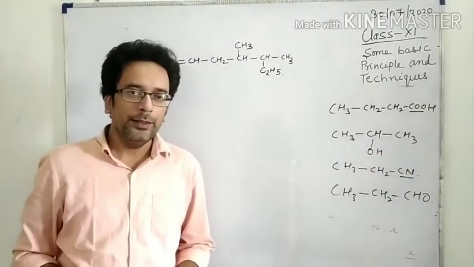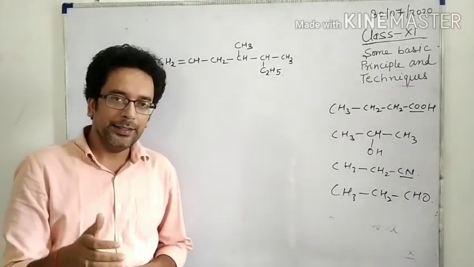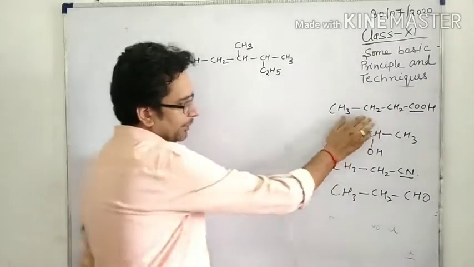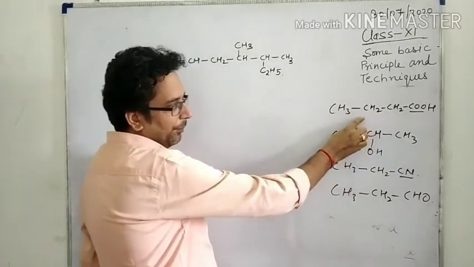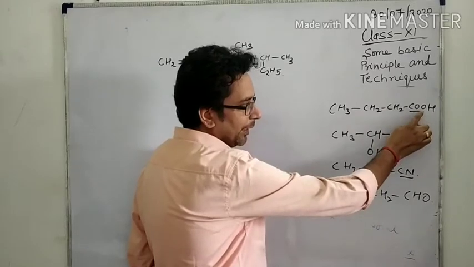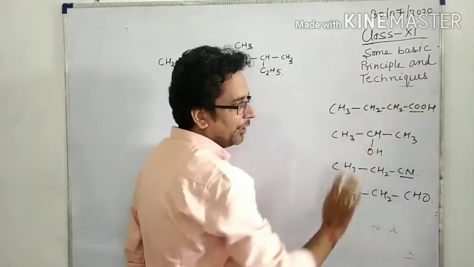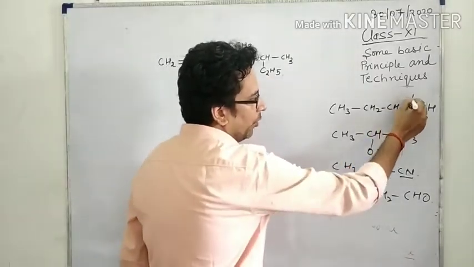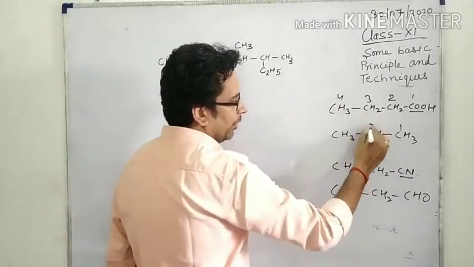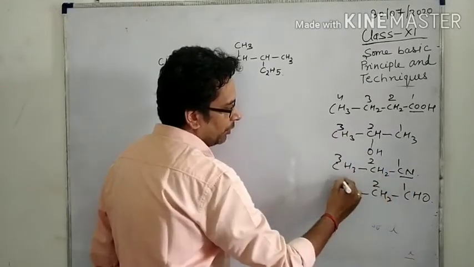So when we number a functional group which already contains carbon, it is also counted first. It means in this example we give the number from this side, that is the carboxylic group, and we count the carbon of the carboxylic group. So in this case 1, 2, 3, 4. Total number of carbon is 4. Here total number of carbon is 1, 2, 3. Here 1, 2, 3. Here 1, 2, 3.